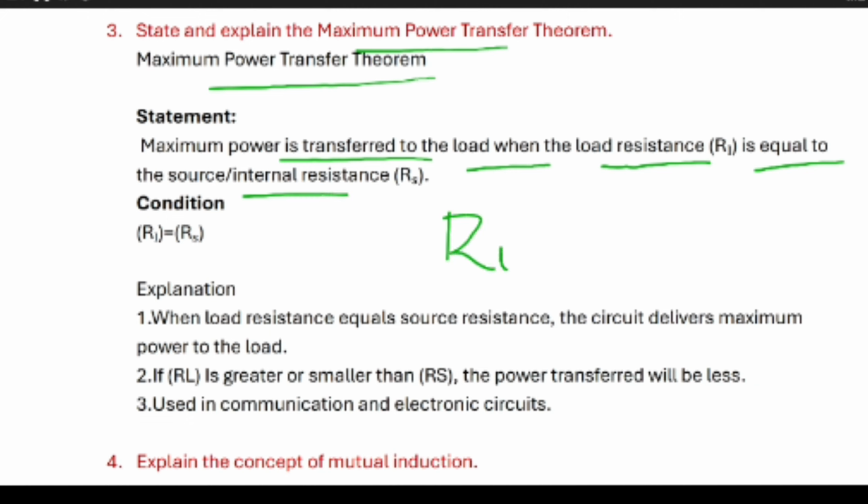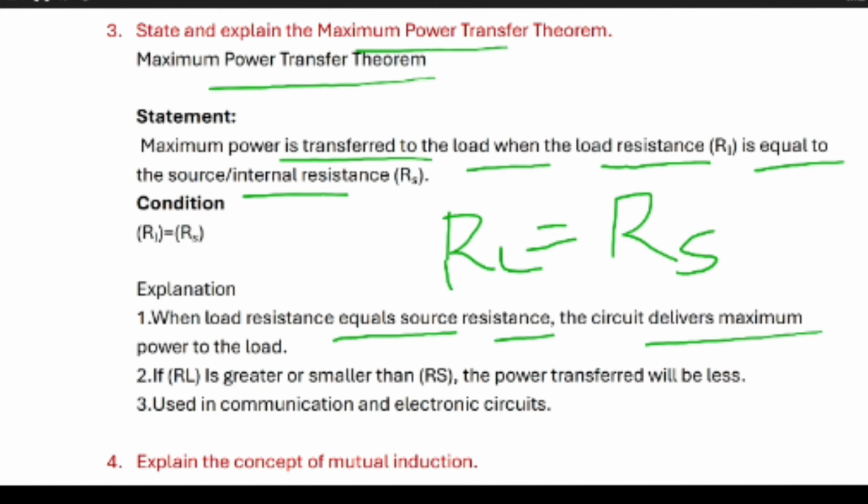When the load resistance equals the source resistance, the circuit delivers maximum power to the load. If RL is smaller or greater than RS, the power transfer will be very less. It is used in communication and electrical circuits.